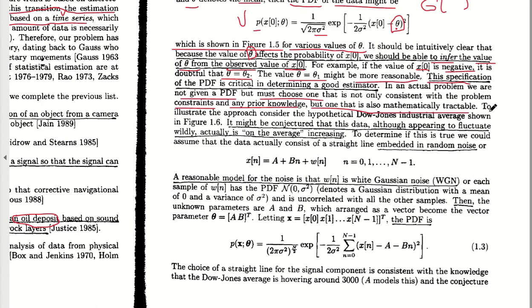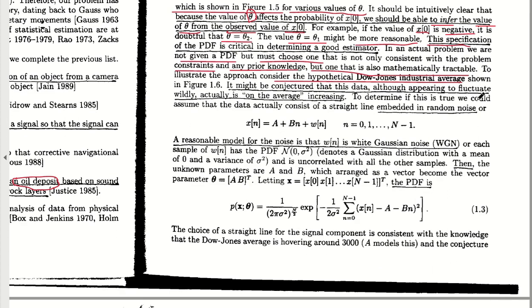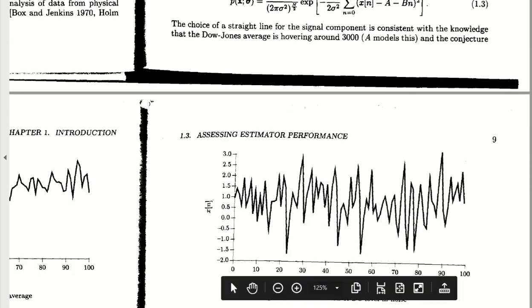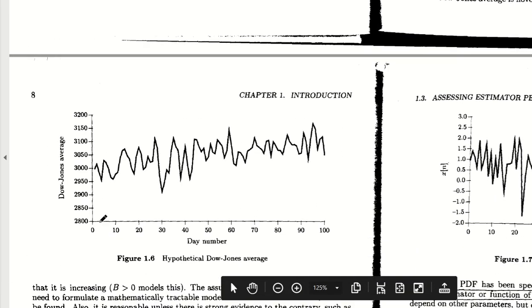As an example, we consider the Dow Jones Industrial Average. If we try to look at that, this is a hypothetical Dow Jones average.